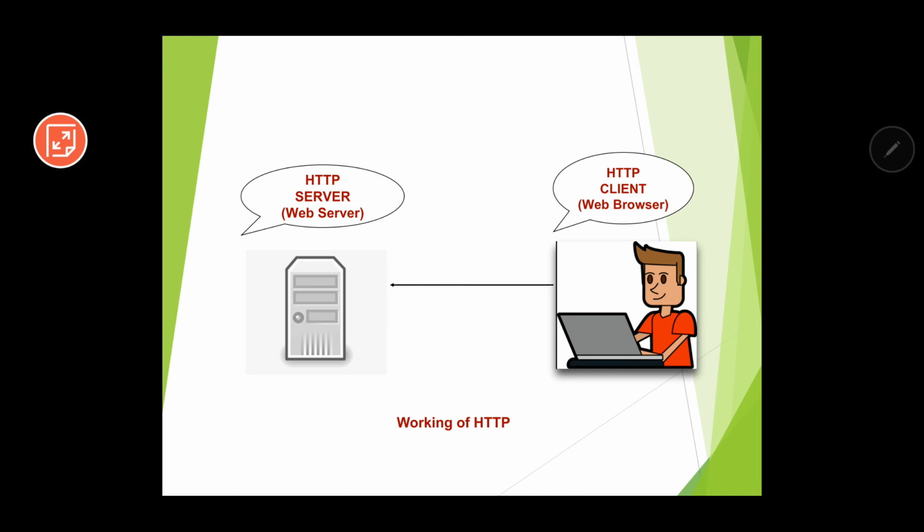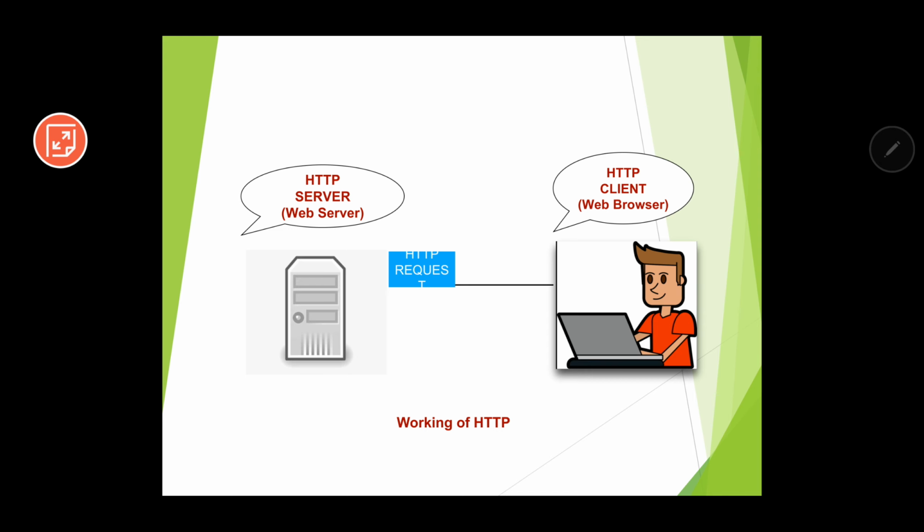Now, at first, what will happen? The HTTP client or the web browser, let's say you have searched for www.google.com. That means what you have given? You have given an HTTP request. That request will go from your web browser to the HTTP server.